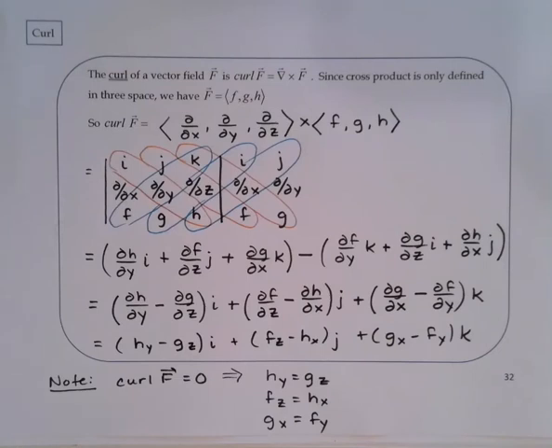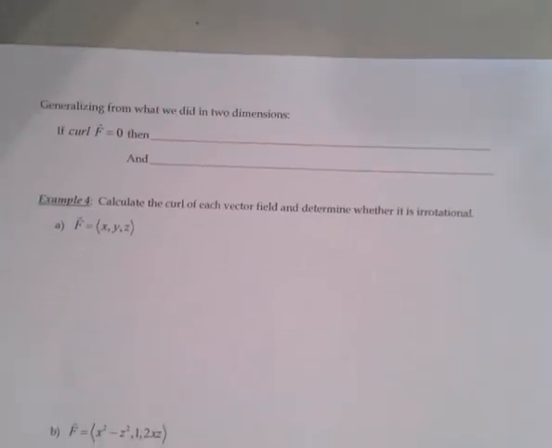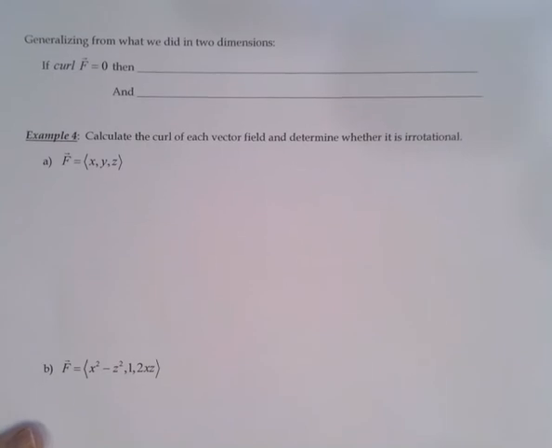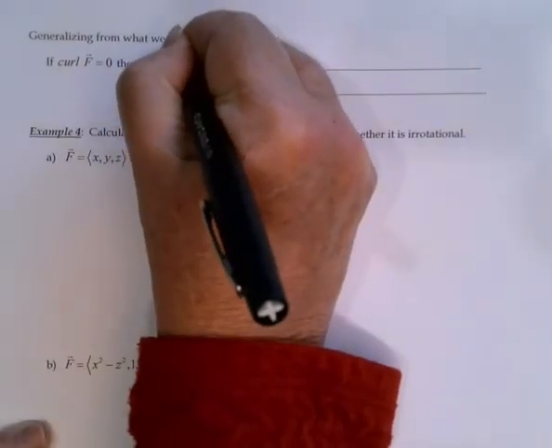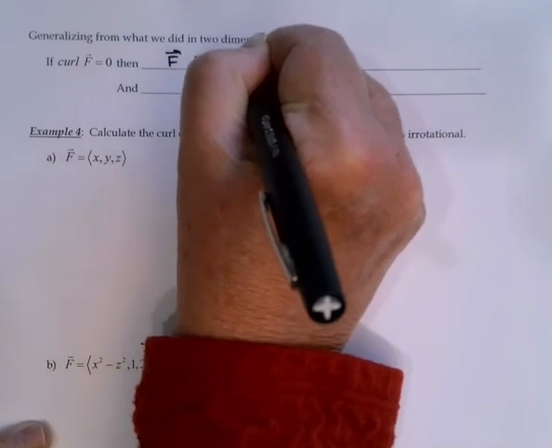So, if we generalize, we can now say that if the curl of f is equal to 0, then f is conservative.